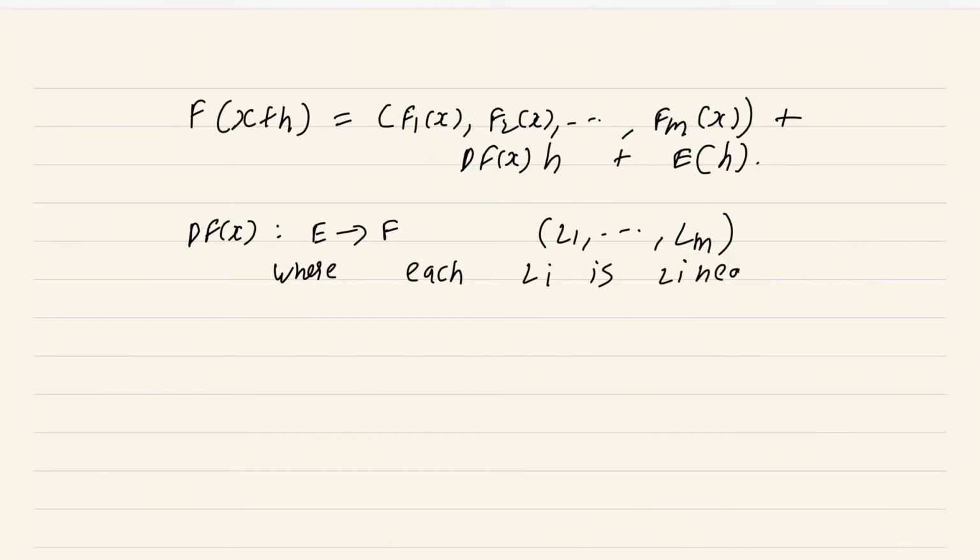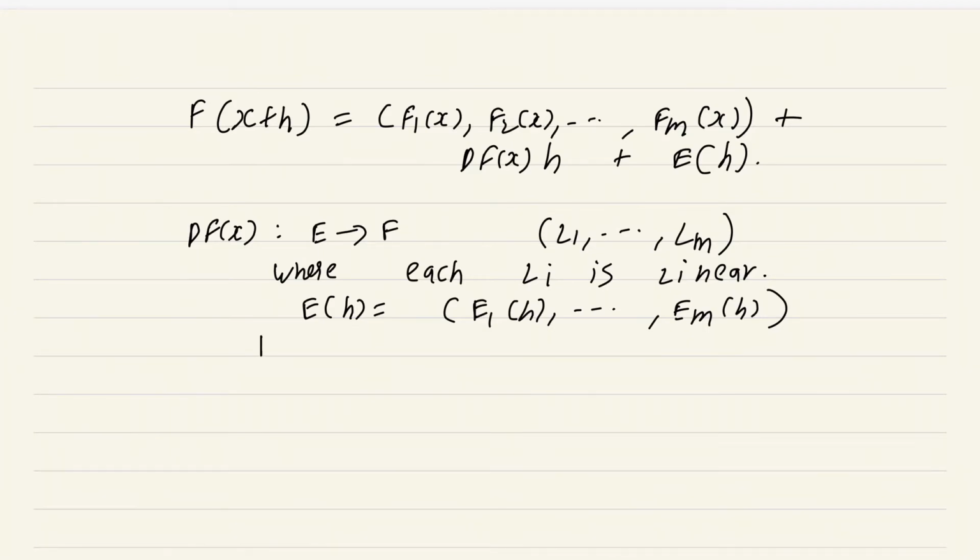Because the map dfx is linear, each component must also be linear. And we can also write this E of h likewise in components as E1(h), ..., Em(h). So essentially we have just taken the definition and written everything in components.